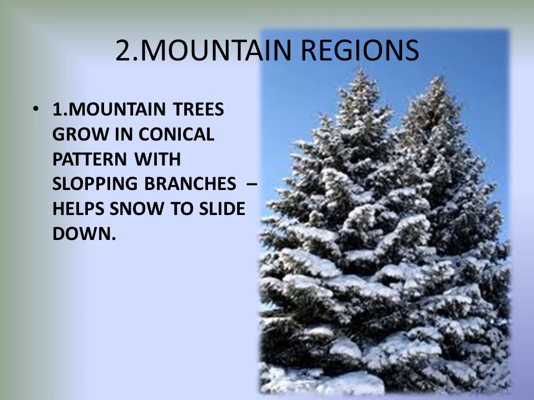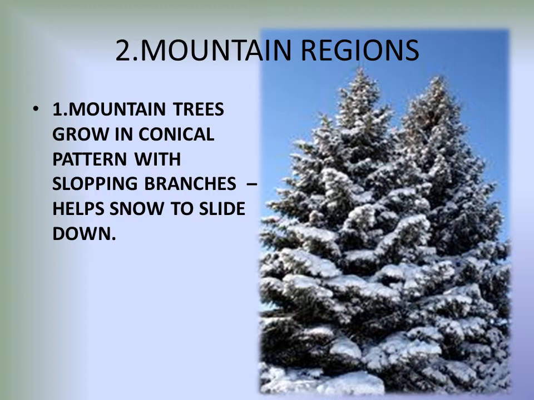Now let's move towards the mountain region. Mountain region plants have some peculiar features. For example, the branches are sloping towards the ground, and this helps keep snow from remaining on the leaves.